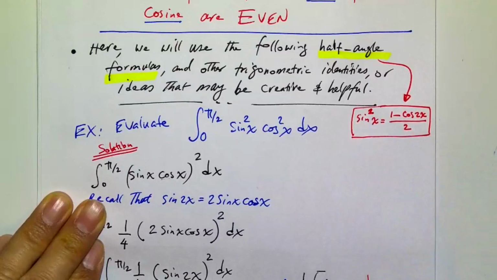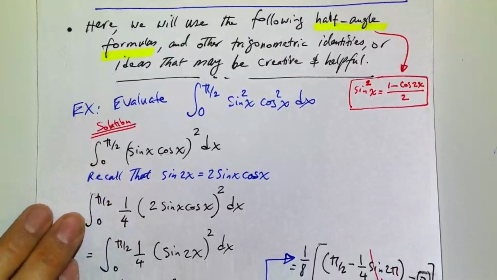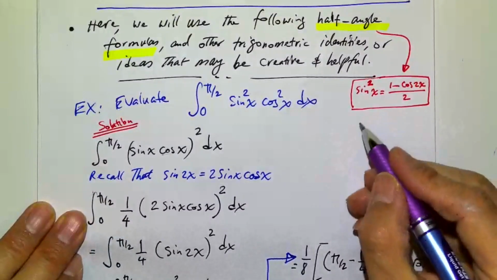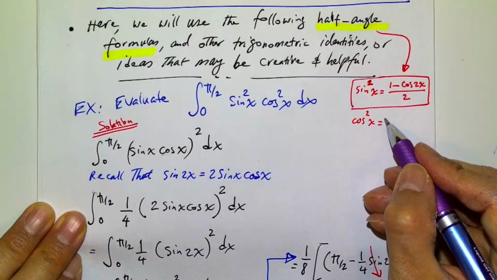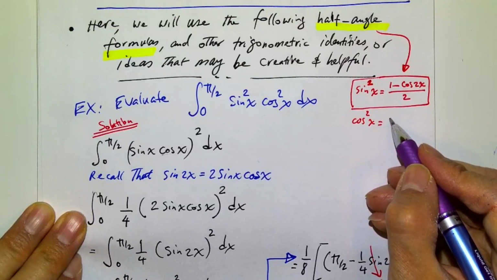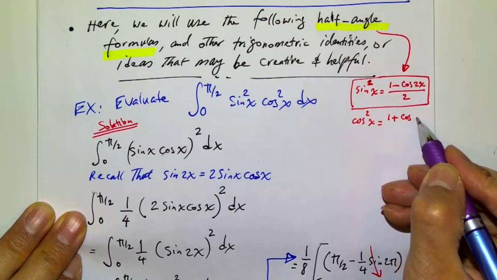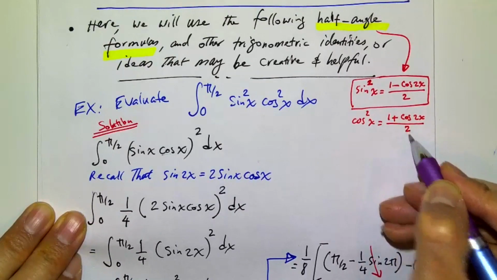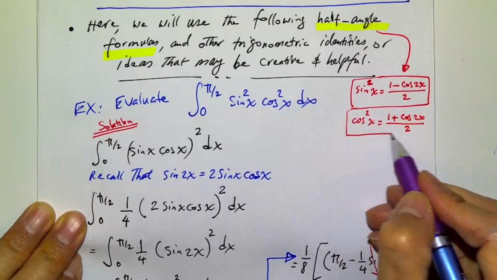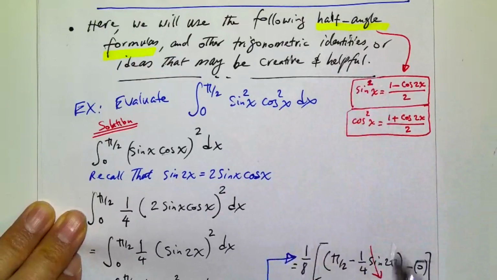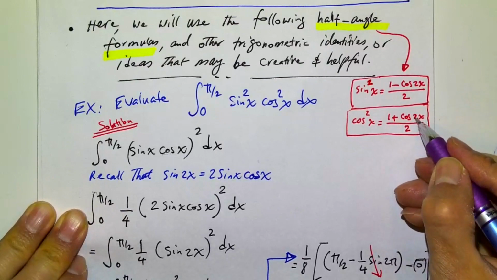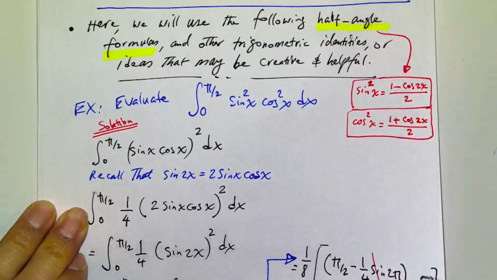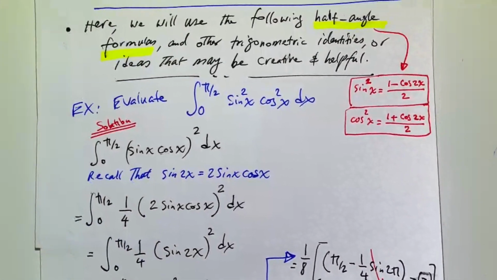And of course for the cosine squared x, we have 1 plus cosine 2x over 2. Yeah, I meant to rewrite these there, but since I forgot, I'm just listing them here. Okay, but you've seen these before in previous classes, and even in Calculus 1, I'm sure you've seen these.